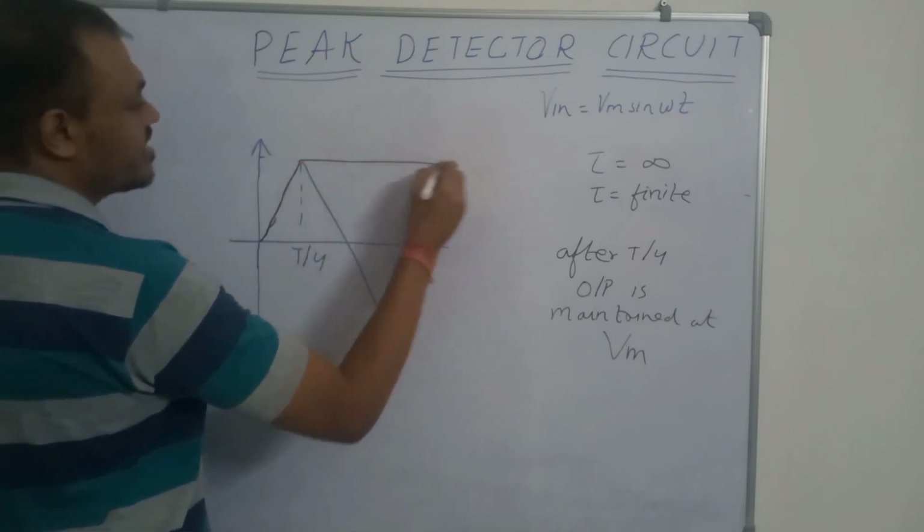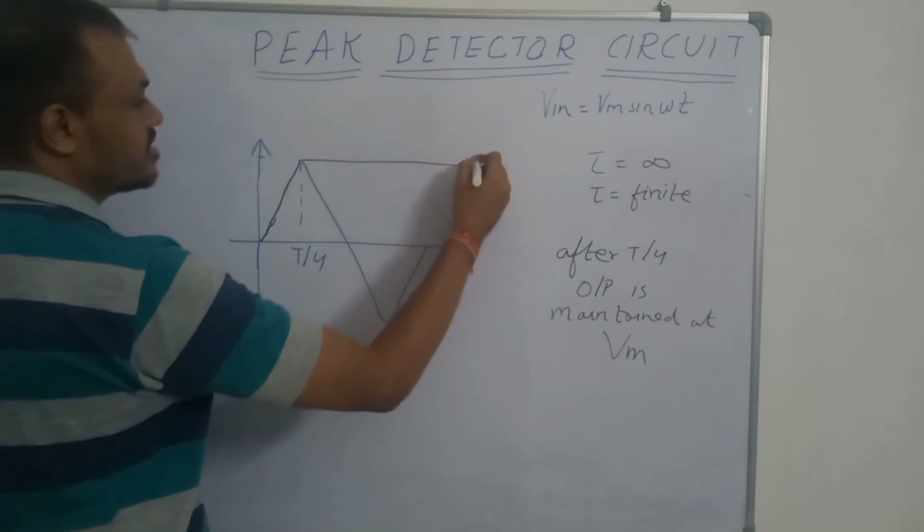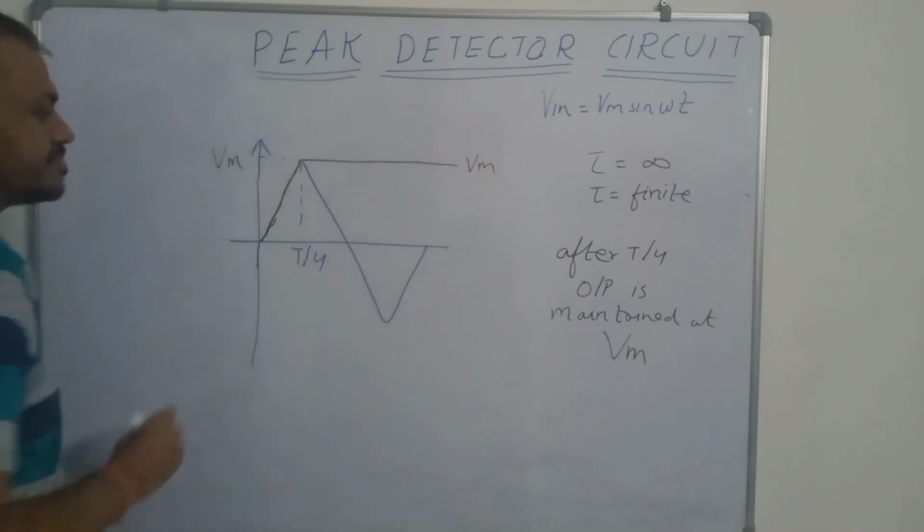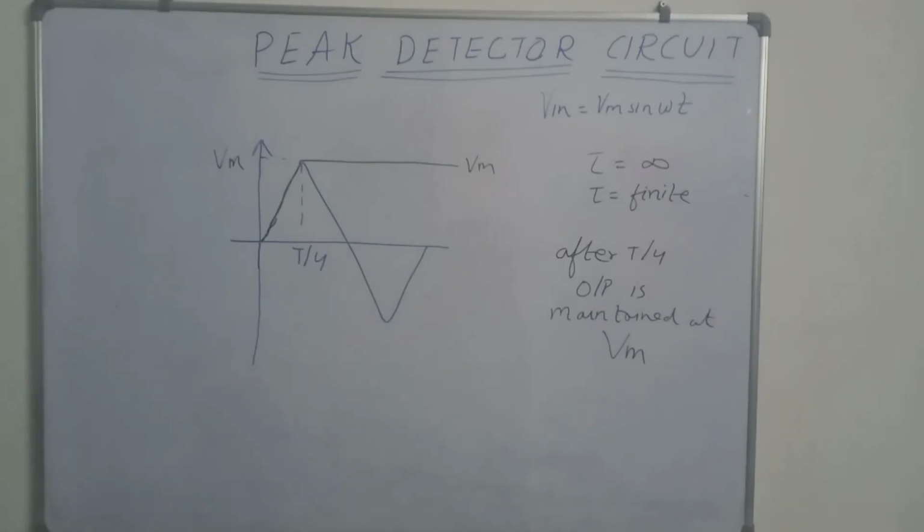It will remain like this, at Vm. So this circuit will work as a peak detector irrespective of the shape of the input voltage. Input voltage can be of any shape. The circuit will work as a peak detector only, because it is detecting the peak value of the voltage.